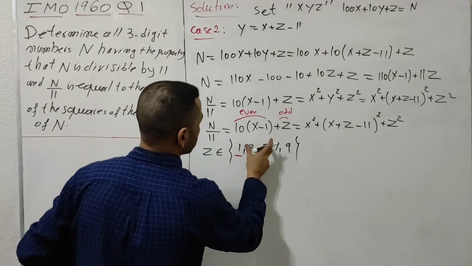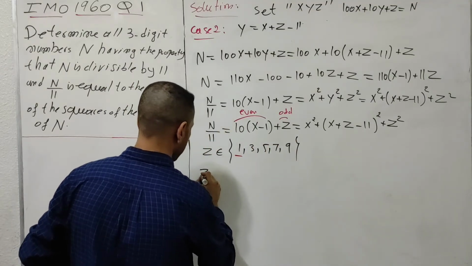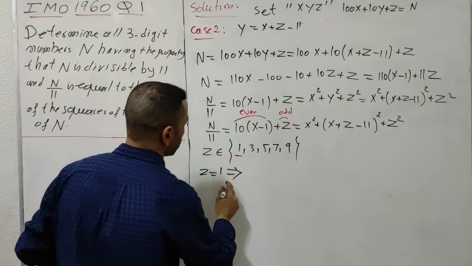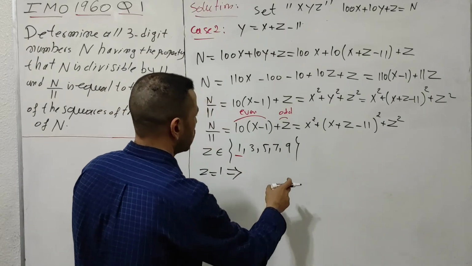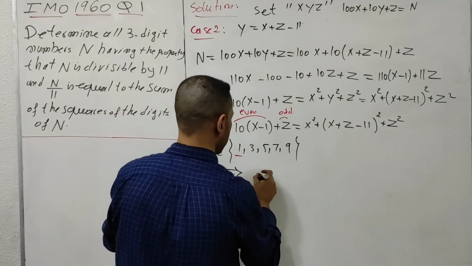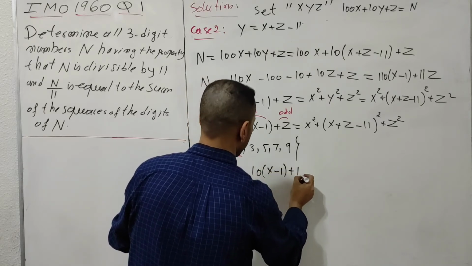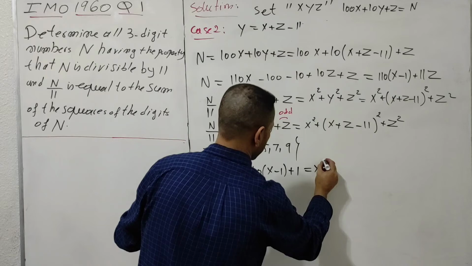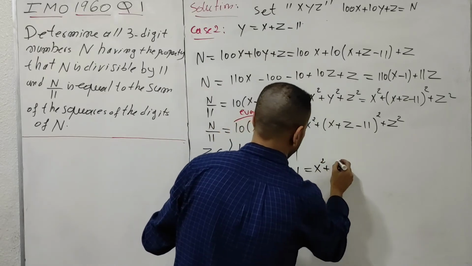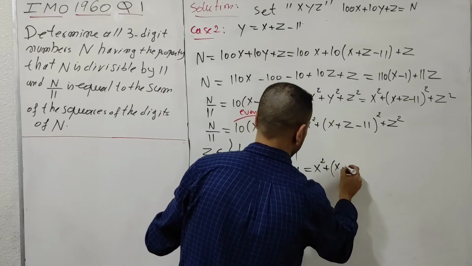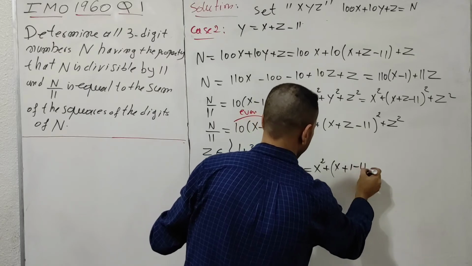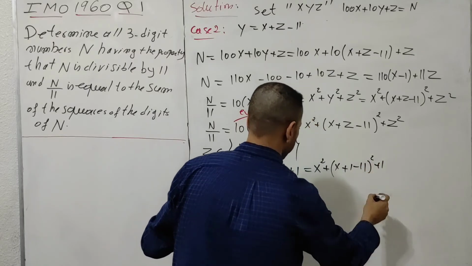For the first case, z equal to 1. I'm going to replace this 1 into this equation. I will get 10x minus 1 plus 1 equal to x squared plus x plus 1 minus 11 quantity squared plus 1.